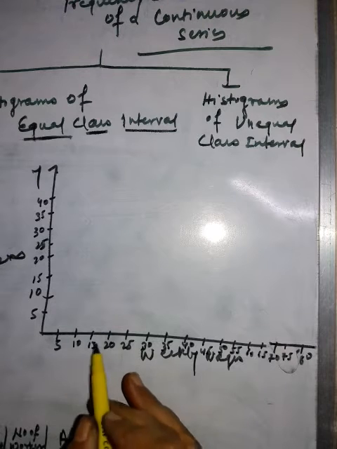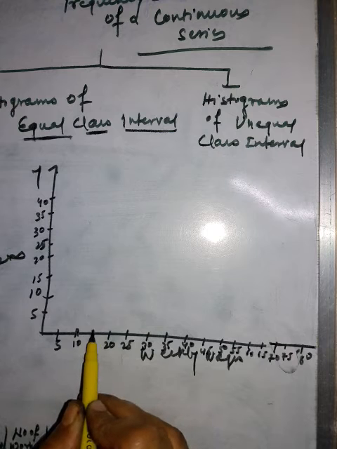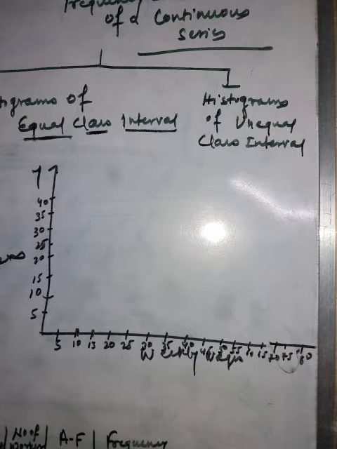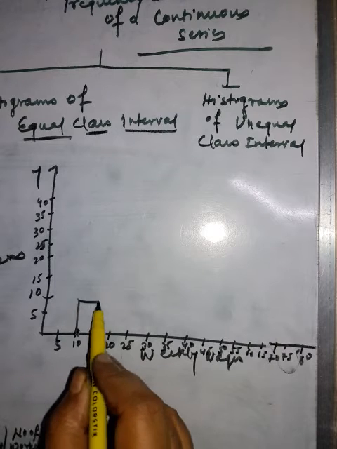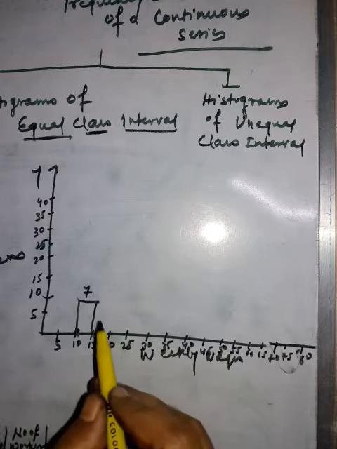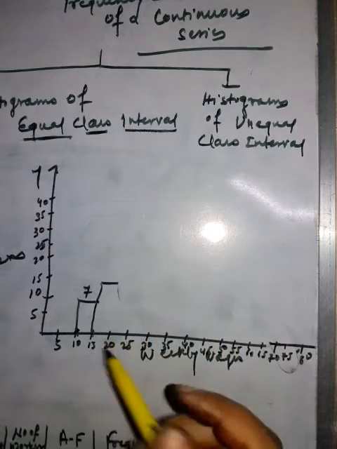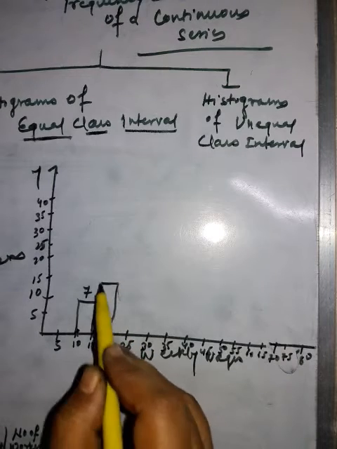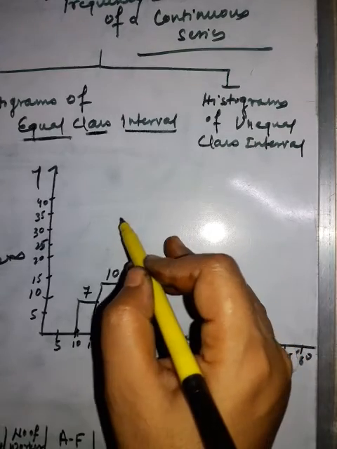First, 10 to 15 has frequency 7, so that will be shown here. That will be 7. Then 15 to 20, 10. Then 20 to 25, 27.